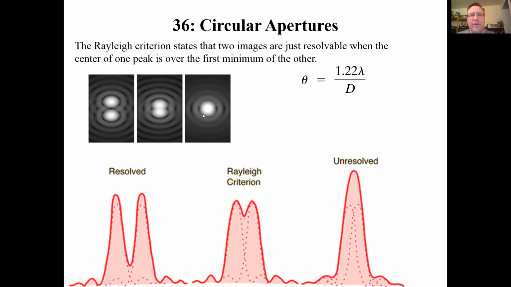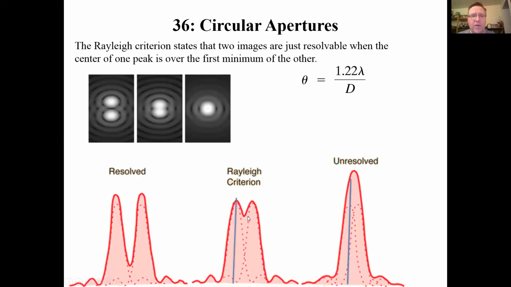So if I have two light sources that are so close together that the angle between them is smaller than this 1.22 lambda over d, they end up being unresolved. And we know this will happen when the peak of either one of them is inside of the first minima of the other one. Therefore, we do not see resolution.